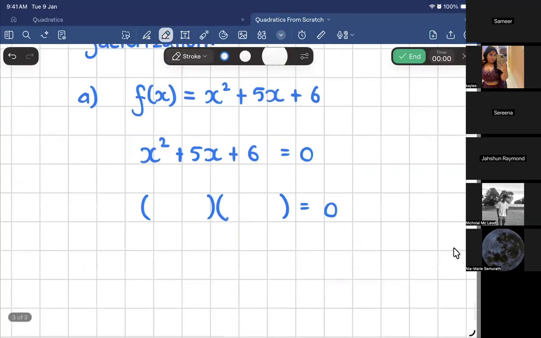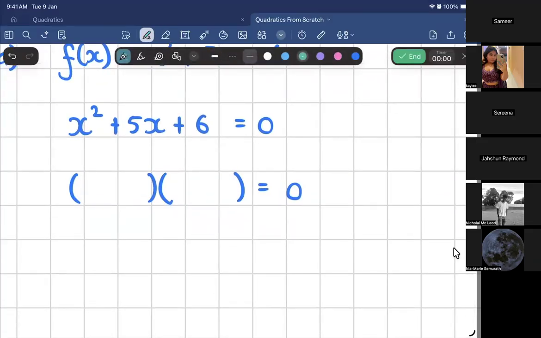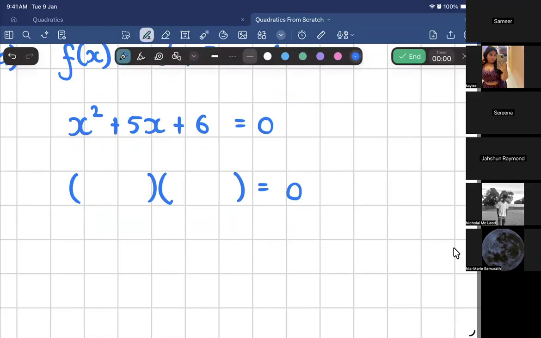All right. So to factorize this, we're going to look at the first term. Kelly, what is the first term? X squared. Right. To get x squared, what would you multiply by what? X by x. So you're going to put an x in this bracket and an x in this bracket.